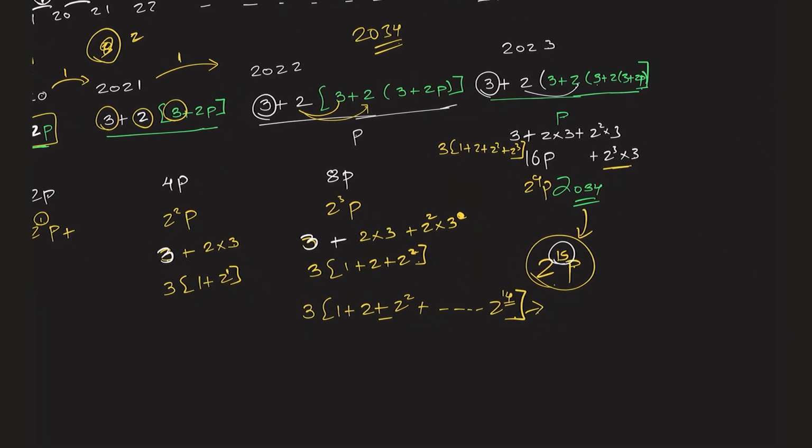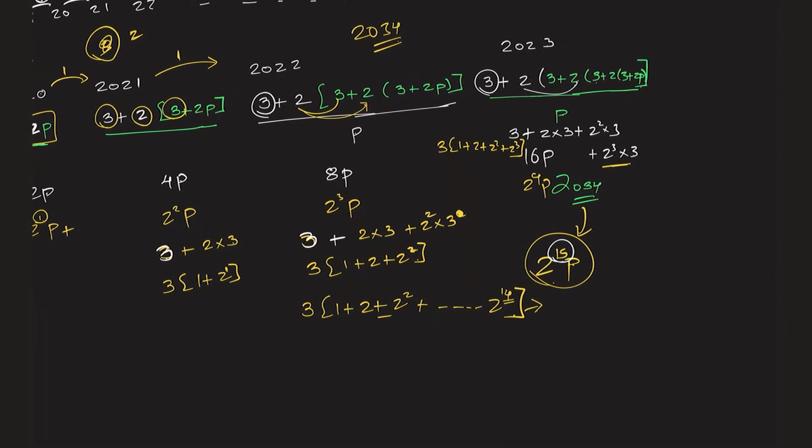The sum of terms of a GP will be equal to r raised to n minus 1 upon r minus 1, right? So I'll write this as 3 into r, the common ratio, that is 2 raised to the number of terms, that is 15, minus 1 upon 2 minus 1, which is 1.